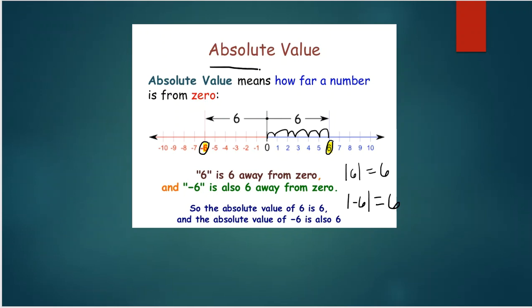Whenever you find the absolute value of a number, because it's a distance away from 0 on the number line, you're always going to end up with something positive. And the way that you show absolute value in math is by using these two lines right here. Okay, so you guys can see that these two lines right here, that means we're finding the absolute value of the number within those two lines.